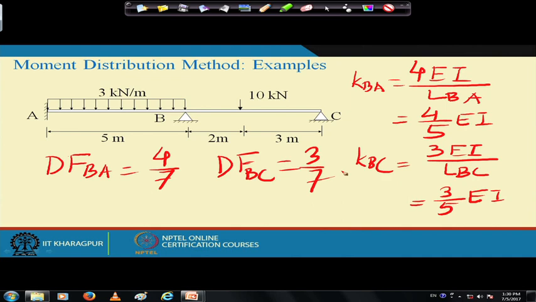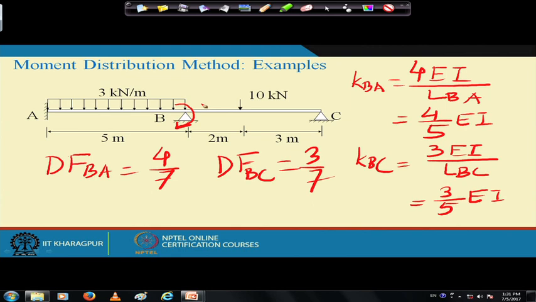Now let us find out the carryover factor. If you remember what we discussed, if we apply a moment here, that moment will get carried over to this end. But if we apply a moment at the fixed end, that moment will not carry over to the other end, because you can do the analysis and check. So in this case, what happens?